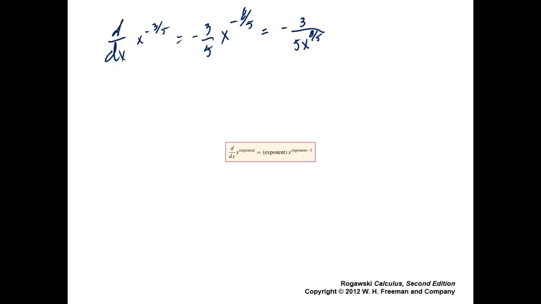You could say it's the 5th root of x to the minus 8th. You could say it that way, or several others, but here's one way you could write that. The 5th root of x to the 8th. That's just one way. The other way is exactly the same as the 5th root of x raised to the 8th.